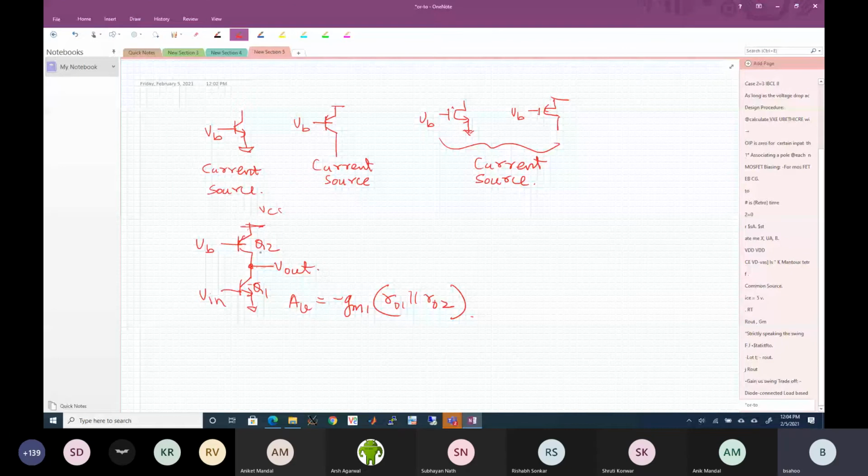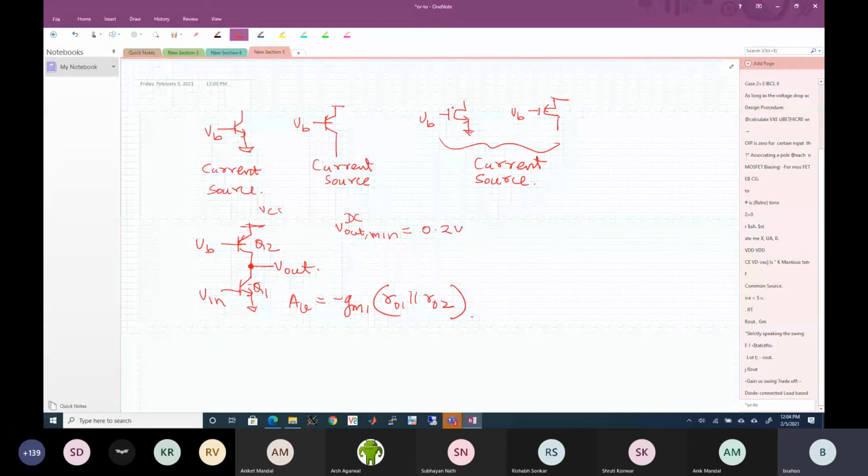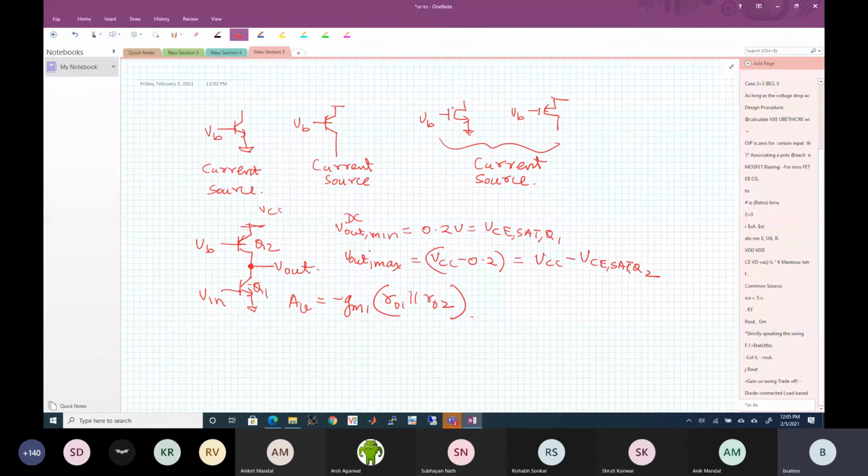So therefore, the output voltage V out DC min equals 0.2 volts, which is equal to VCE sat of Q1. V out max equals VCC minus 0.2, which is equal to VCC minus VCE sat of Q2. Is this clear to all of you?